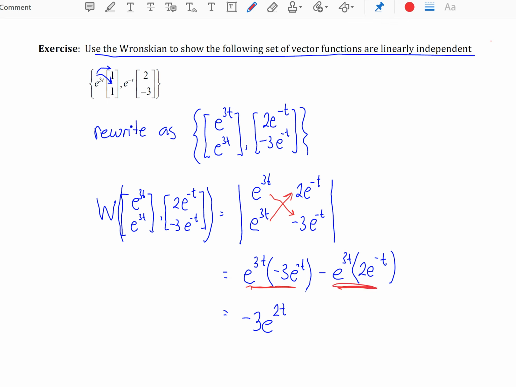And our second product will be negative 2e to the 2t, and combining these terms we'll get negative 5e to the 2t. Notice that this is not equal to 0.